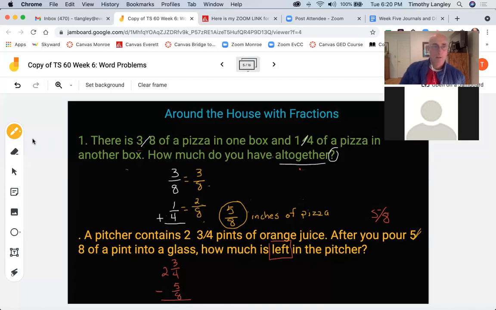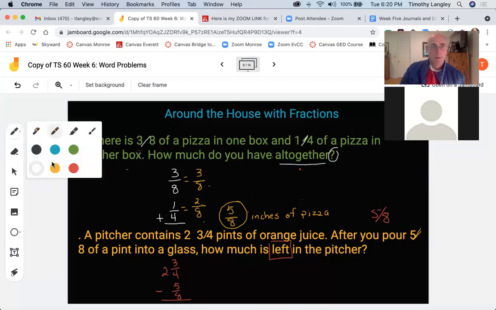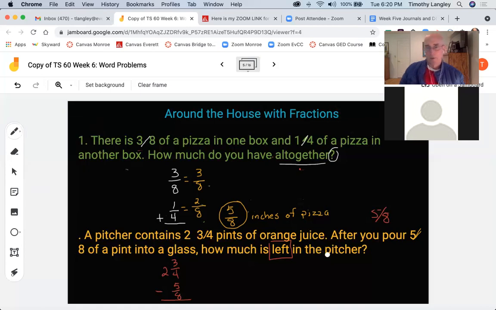And again, this is a perfect example of what I'm talking about. Go to the last sentence that has the question mark. There's the question mark. Look for the keyword in that last sentence and bingo, there it is, left. And we learned that left is like the most common subtraction keyword, okay?